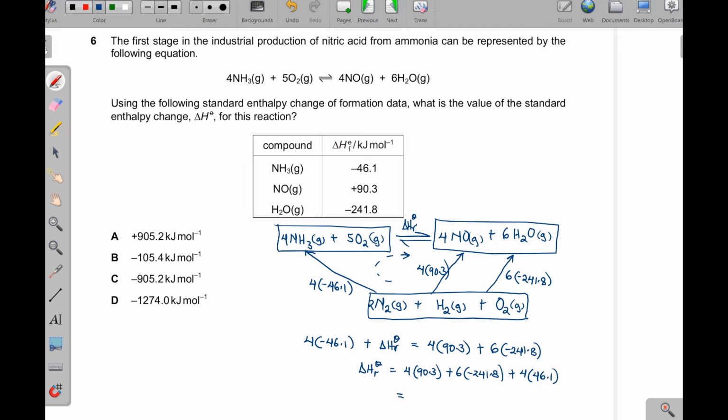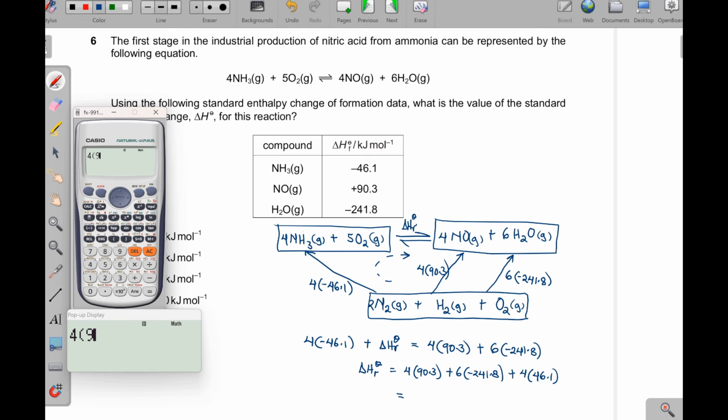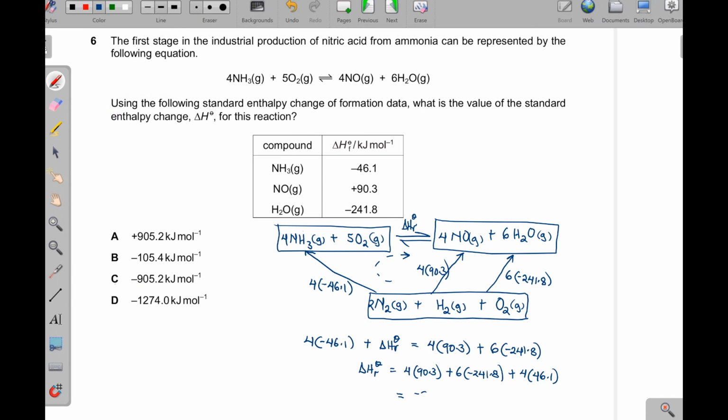So what will be our answer here? 4 times 90.3, plus 6 into negative 241.8, then plus 4 into 46.1. And this gives us negative 905.2 kilojoules per mole, and our answer has to be C here.